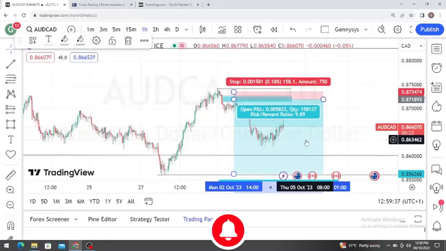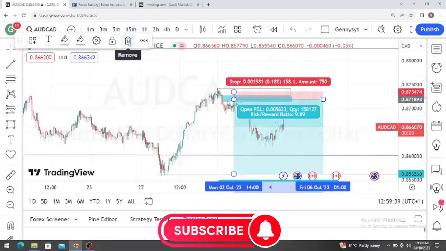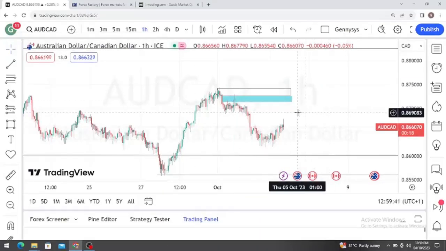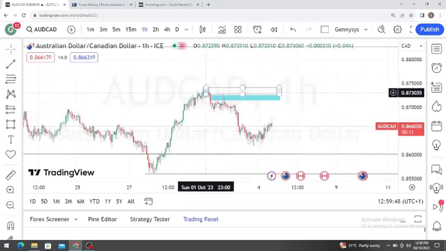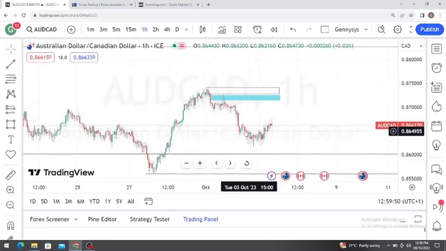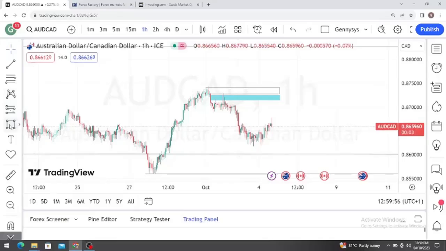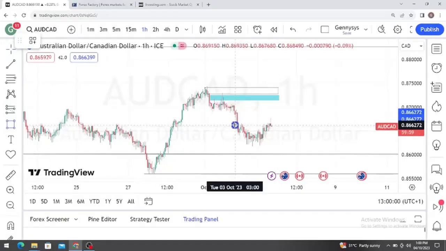Okay, so now those 2 opportunities are already gone. What else can I do? What can I take advantage of here? On the way down, there's a little imbalance here, so mark that out.